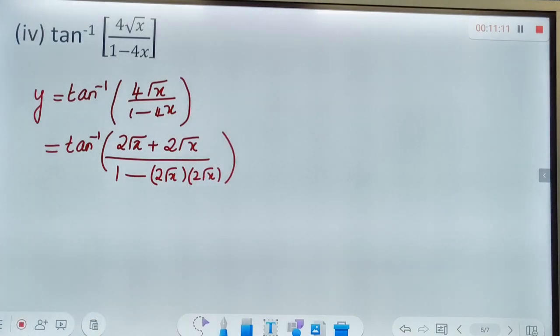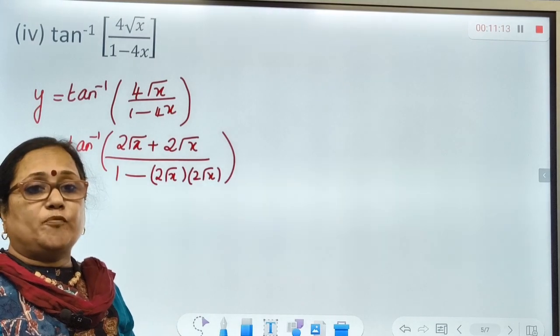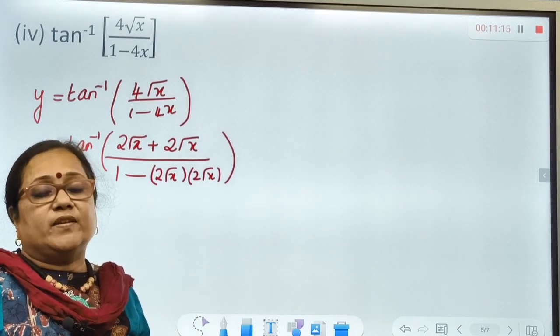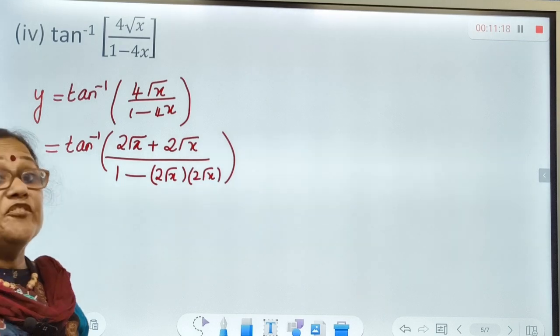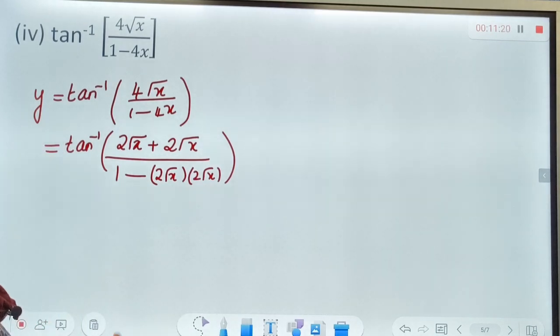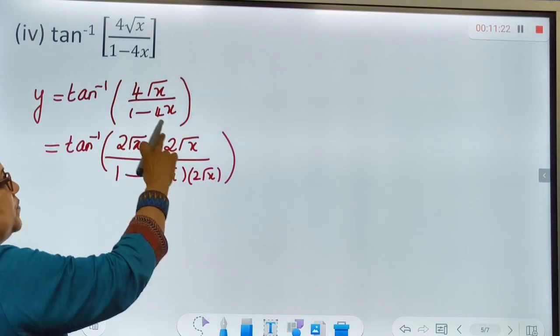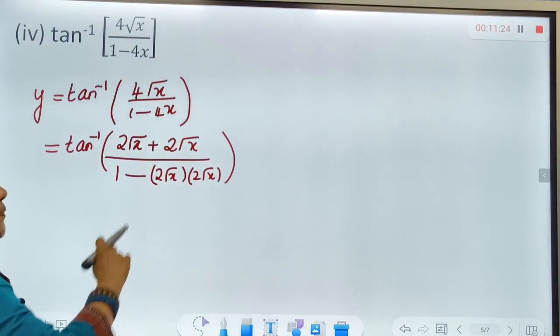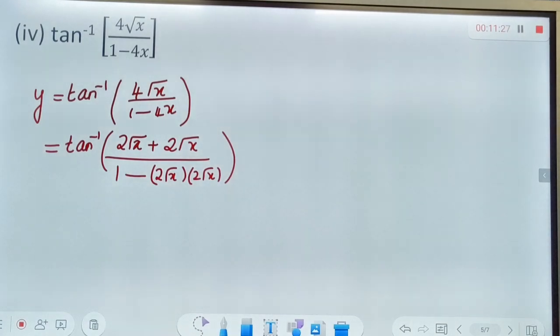So again I am bringing it into a particular form. I have collected a group of problems where the same technique will work so that you get proficient in this technique. So what am I doing? I am splitting this as 2 root x plus 2 root x, and this 4x I am writing as 2 root x into 2 root x.